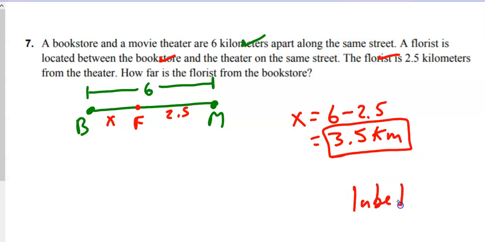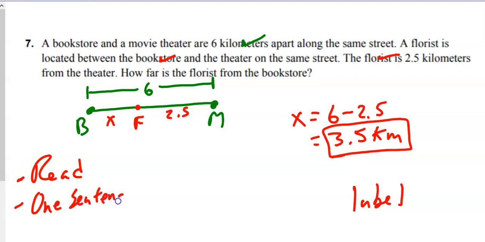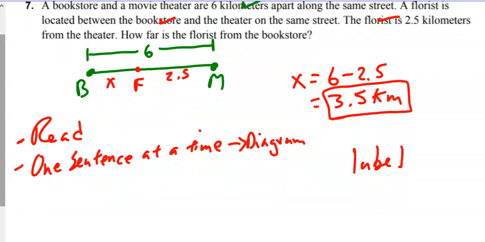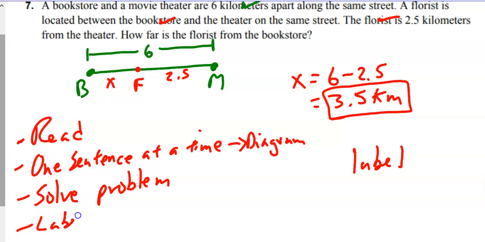Okay? So, recapping. We read the problem. Then we took it one sentence at a time, and we drew a diagram. Then we can actually solve the problem, and then we labeled our answer.